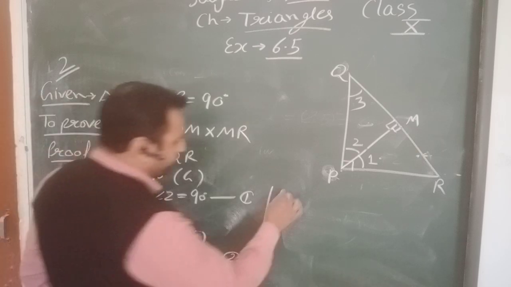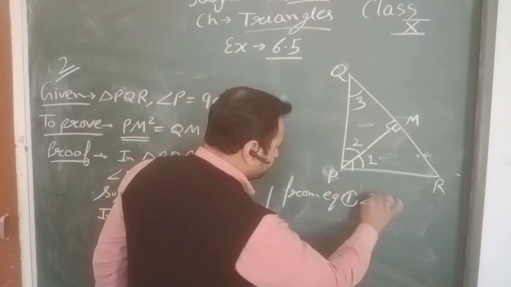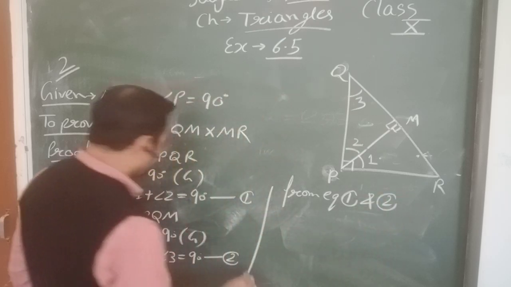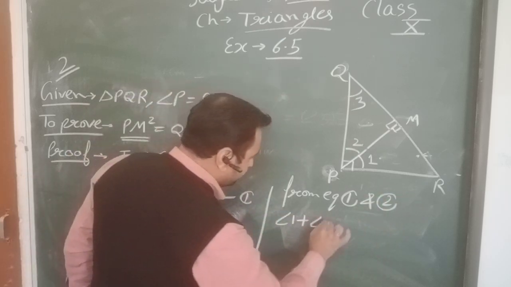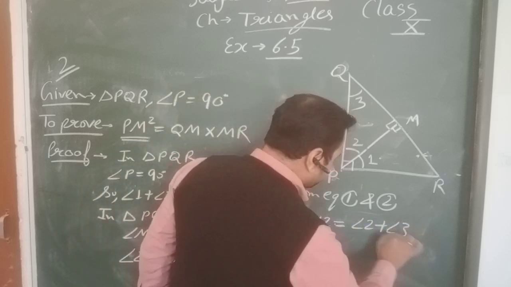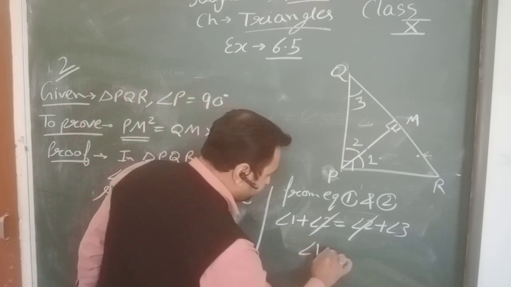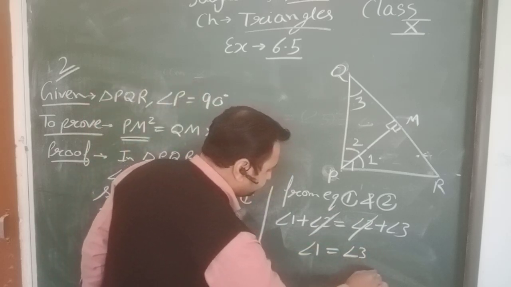From equation number 1 and 2, angle 1 plus angle 2 is equal to angle 2 plus angle 3. On both sides angle 2 cancels out, so angle 1 is equal to angle 3.